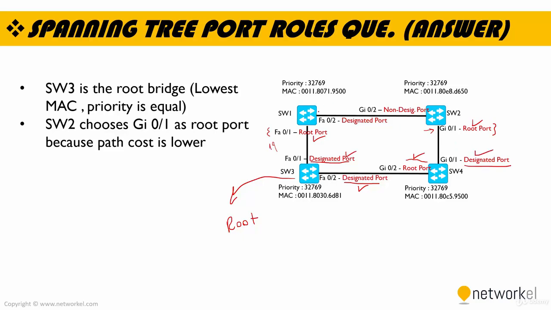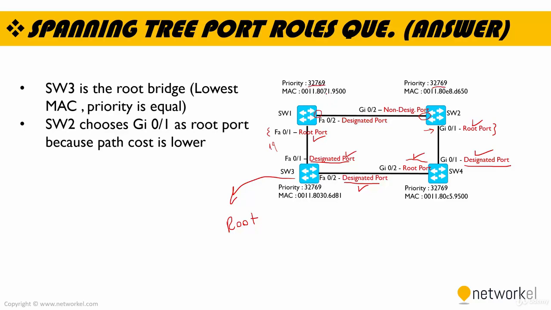Now we just need to determine these two ports. Now I'm comparing switch 1 and switch 2. I'm going to choose one of these ports as designated, and one of these ports will be non-designated, which means a blocked port. To choose where I'm going to block, I'm comparing these two devices' priority, and I see that they are the same.